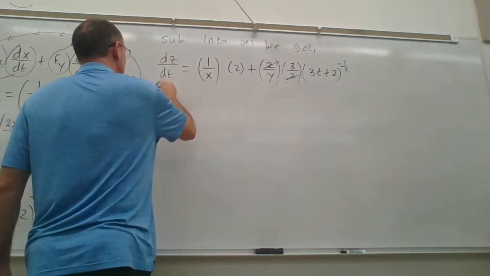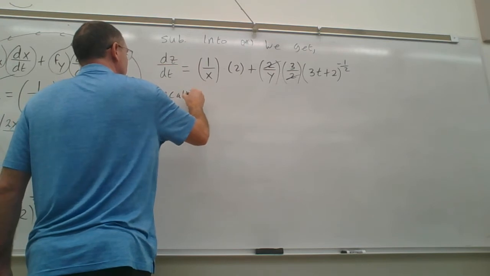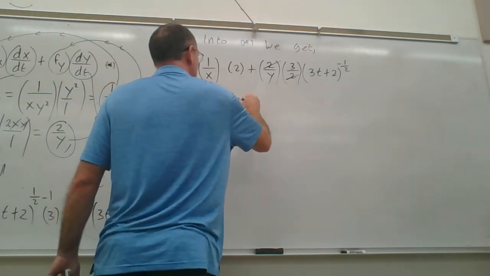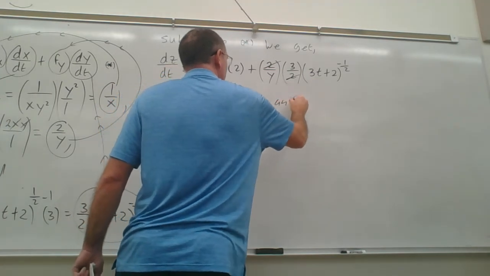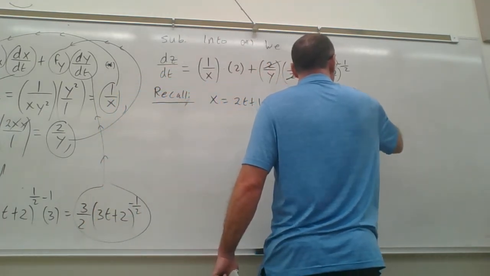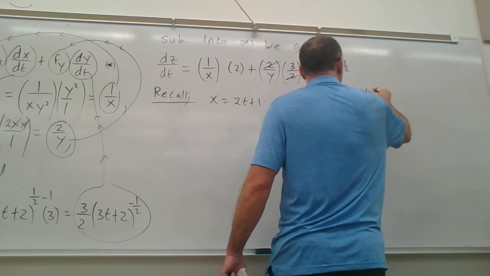So recall that our x was equal to 2t plus 1 and y is equal to 3t plus 2 to the 1/2.